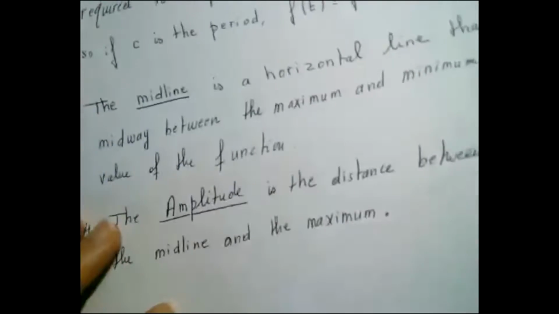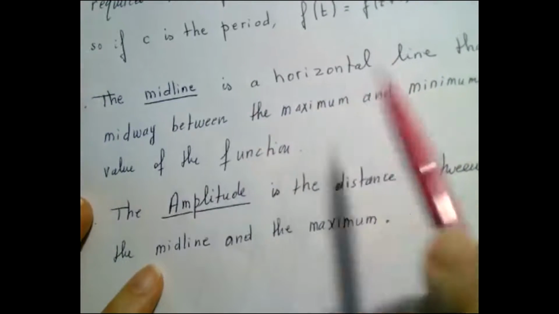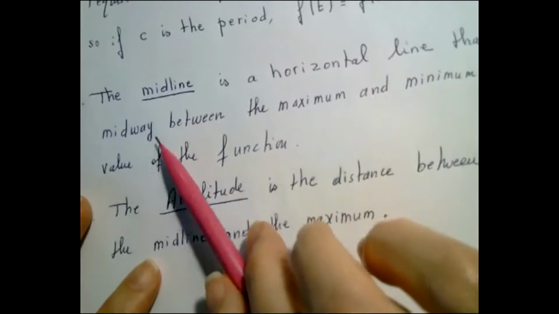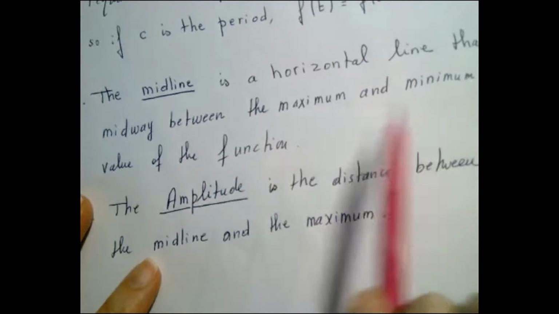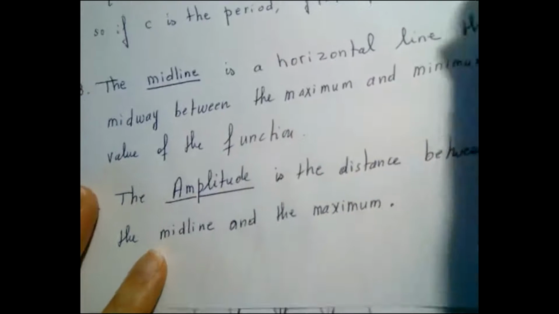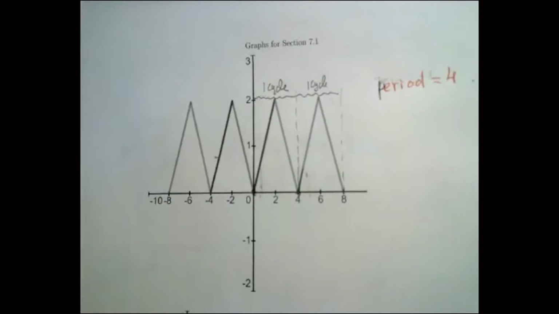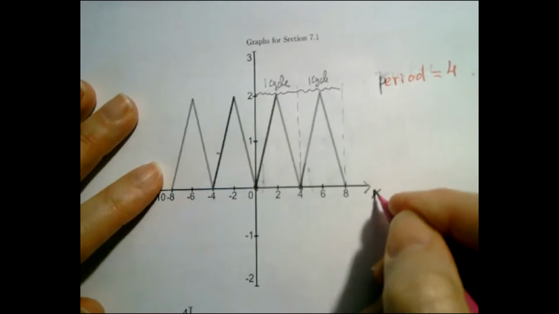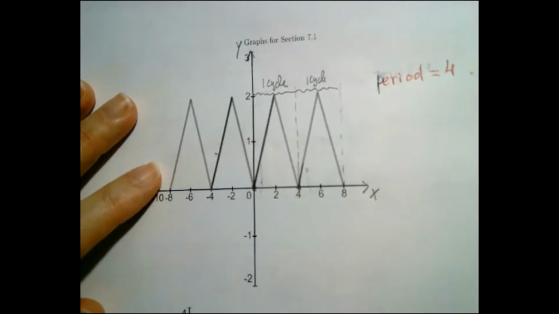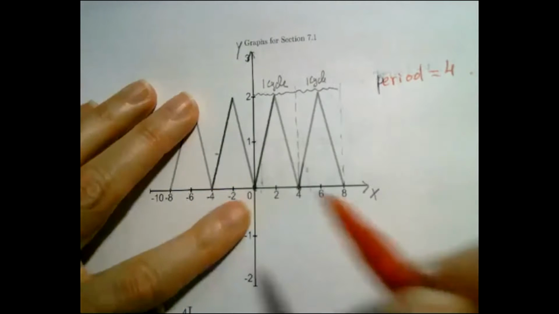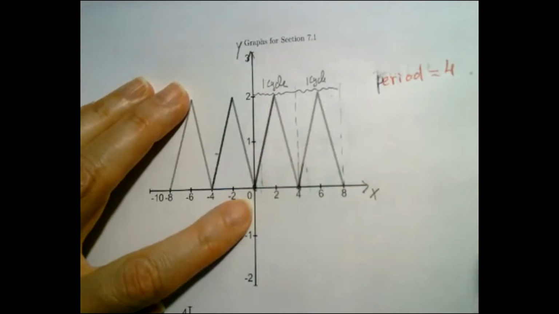The midline is a horizontal line, midway between the max and the minimum value of the function. This is my x value, and these are my y values. The midline is the line halfway between the max and the min.